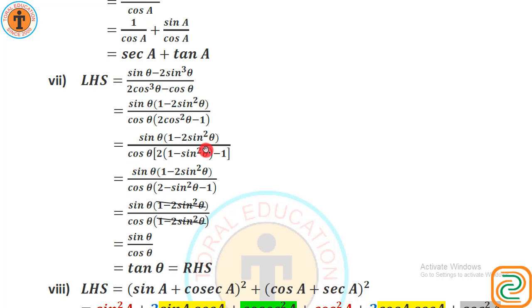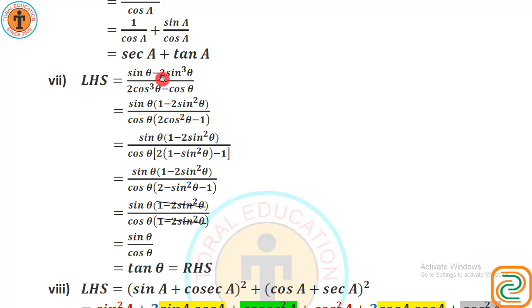Again question number 8. Left hand side is (sin A plus cosec A) whole square. Sorry, question number 7, not 8. (Sin theta minus 2 sin cube theta) upon (2 cos cube theta minus cos theta).